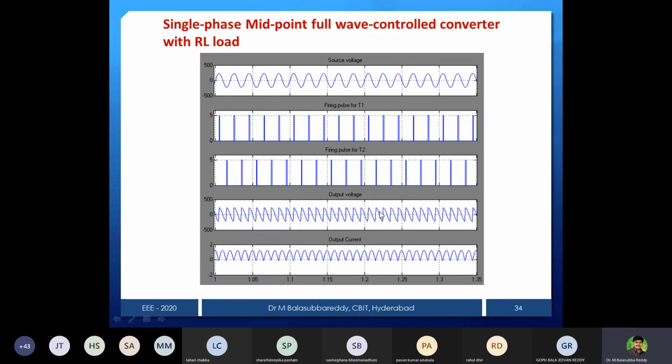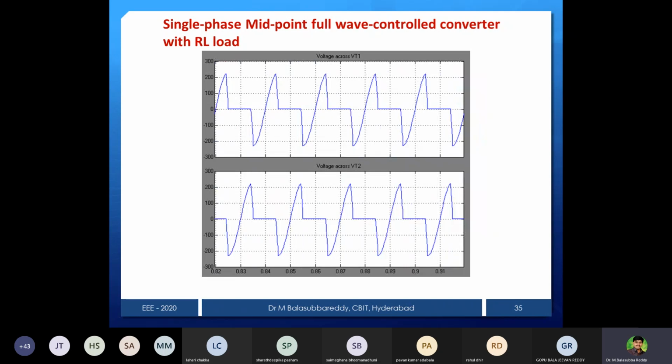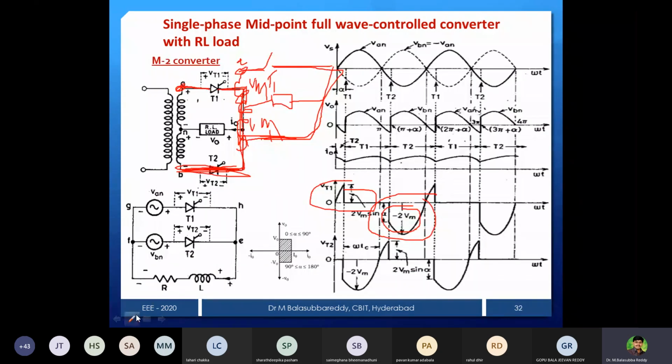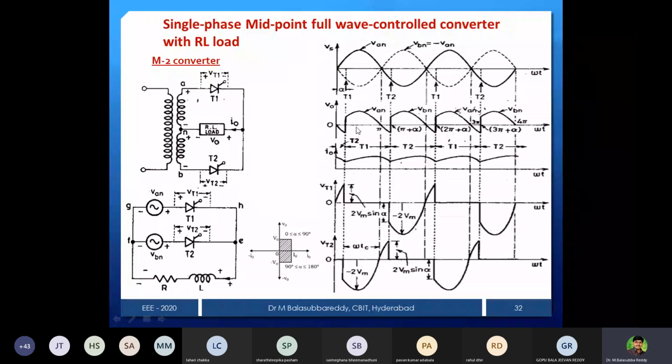And this is for alpha increasing. Now what will happen if I increase alpha? Suppose in this case I increase the firing instant; instead of conducting here, where will it conduct? Suppose you put alpha as 90 degrees, what is your waveform? You will start here and end at pi plus alpha.